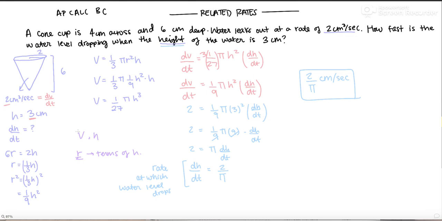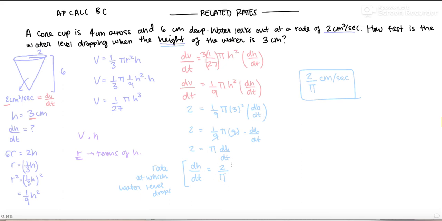And then our last step was to write that equation, rewrite it so there's only two variables, differentiate it, and then after you differentiate, you want to sub in your given values. And then you just have to solve for that rate that you're finding. In this case, that was dh over dt, how fast the water level is dropping.